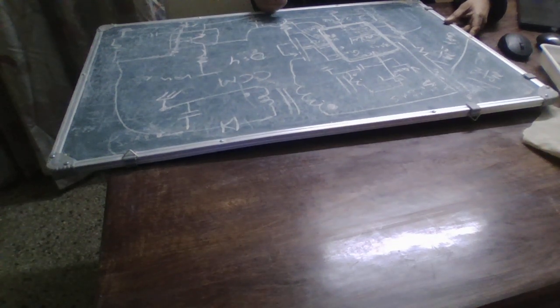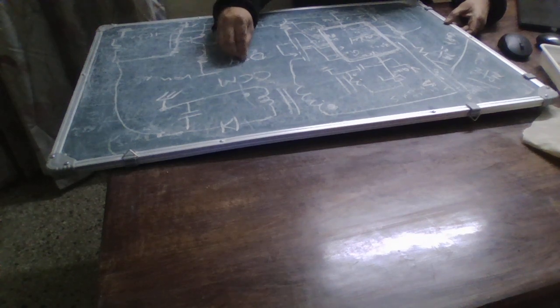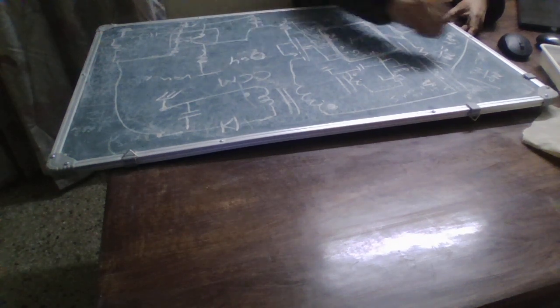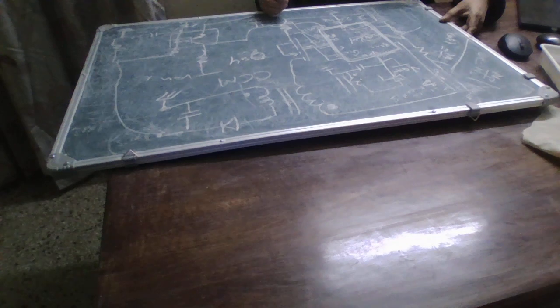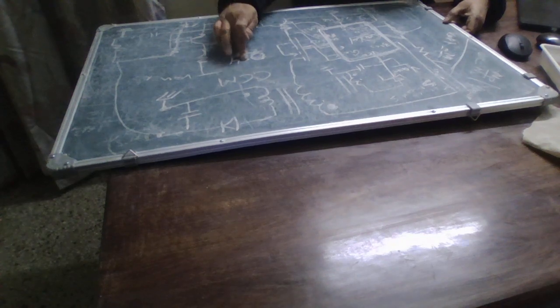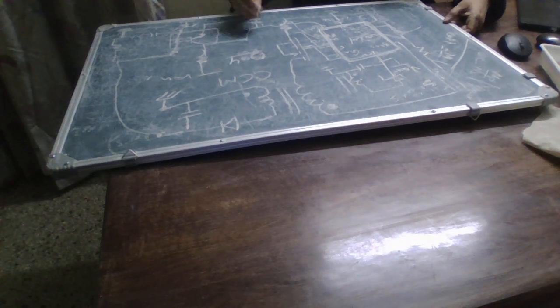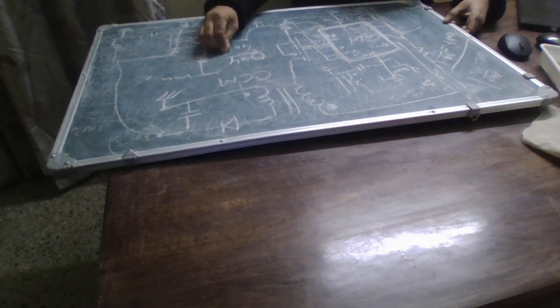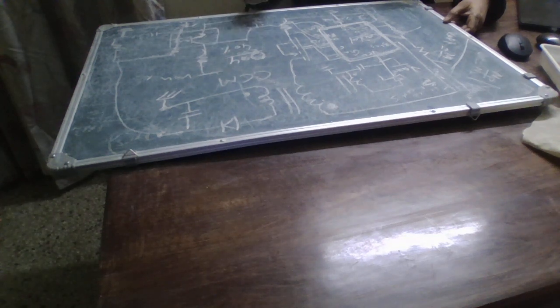I have just mentioned that we first have to select the number of turns on the secondary side winding. So I have chosen the duty cycle of 0.4, that is, I am choosing a 40% maximum duty cycle.